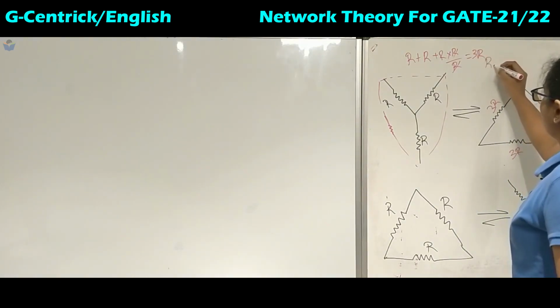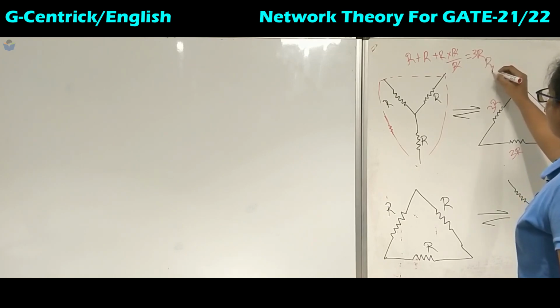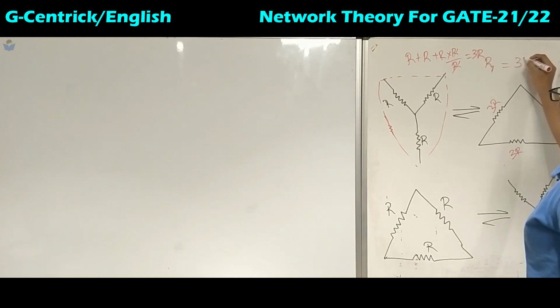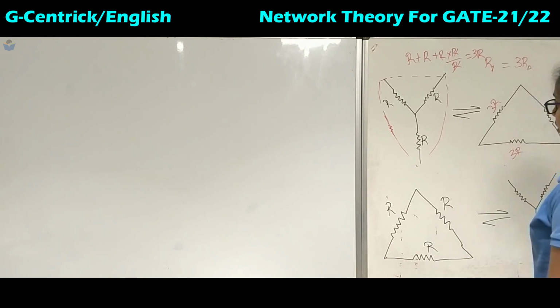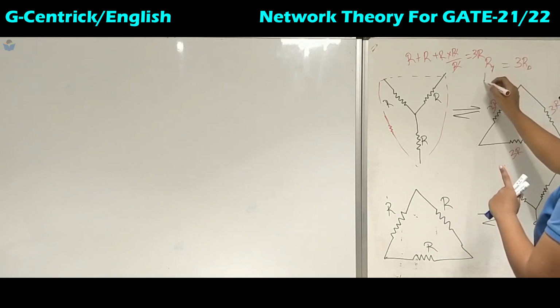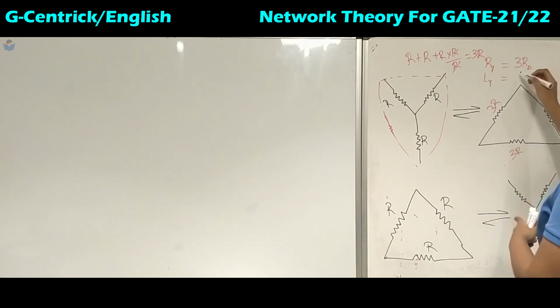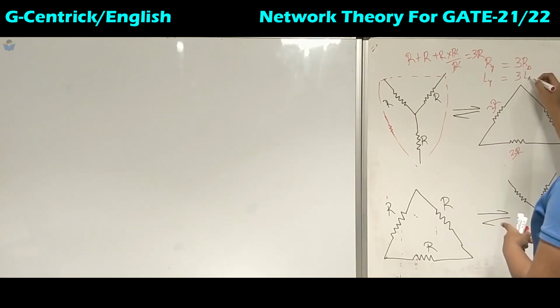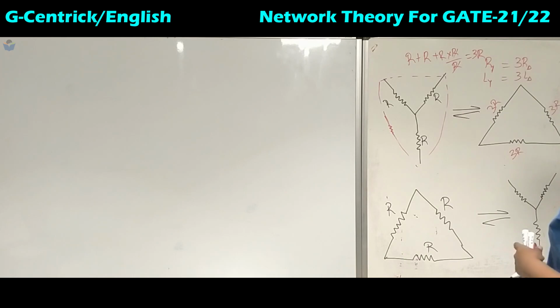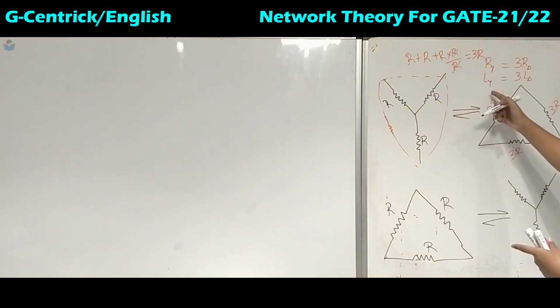Now R from star connection to delta, you will get 3R in delta connection. So even for an inductor, if it is in star and you are converting into delta, then 3L in delta connection. Similarly for impedance.